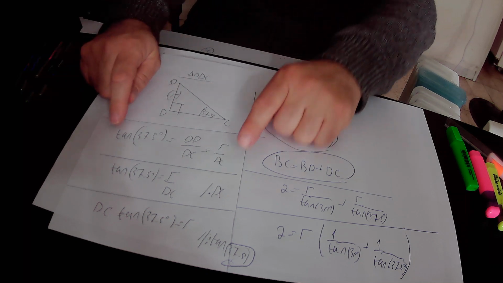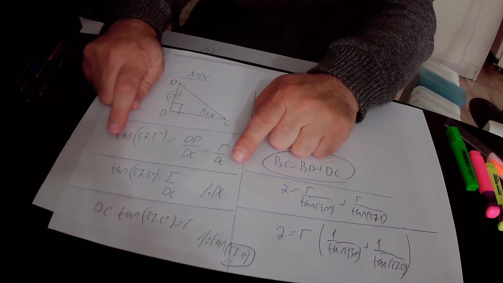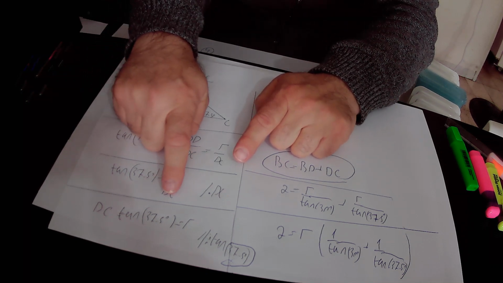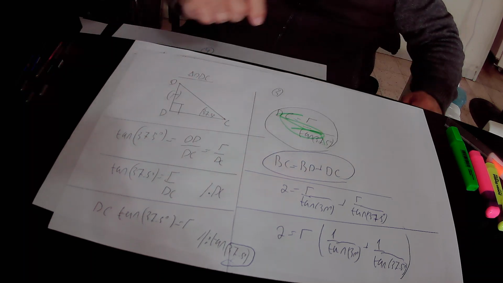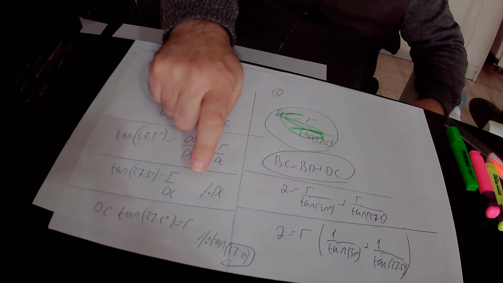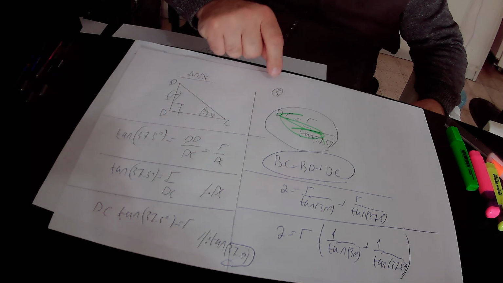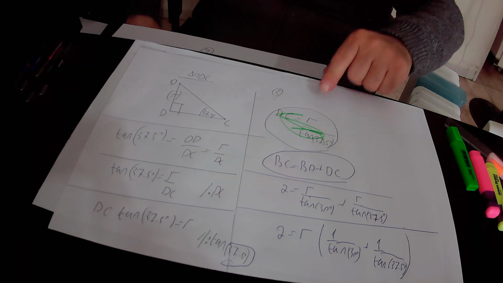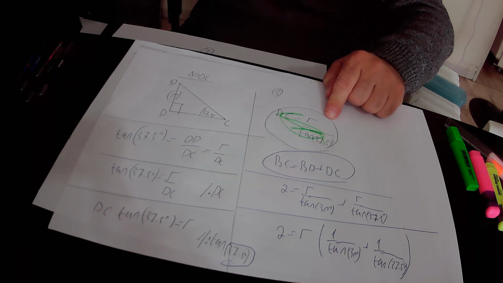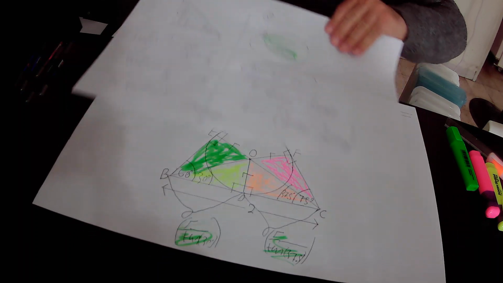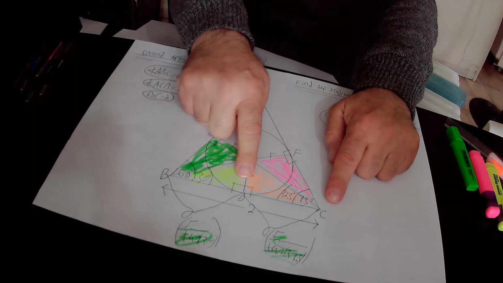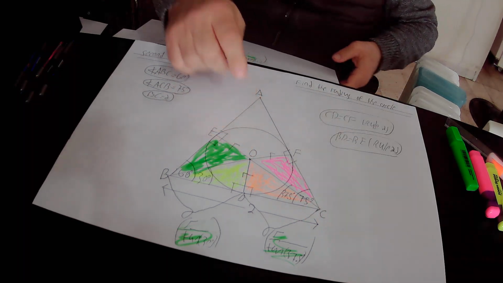Here we multiply this equation by DC and find that DC times tan 37.5 degrees equals R. Then we divided this equation by tan 37.5 degrees and found that DC equals R over tan 37.5 degrees.